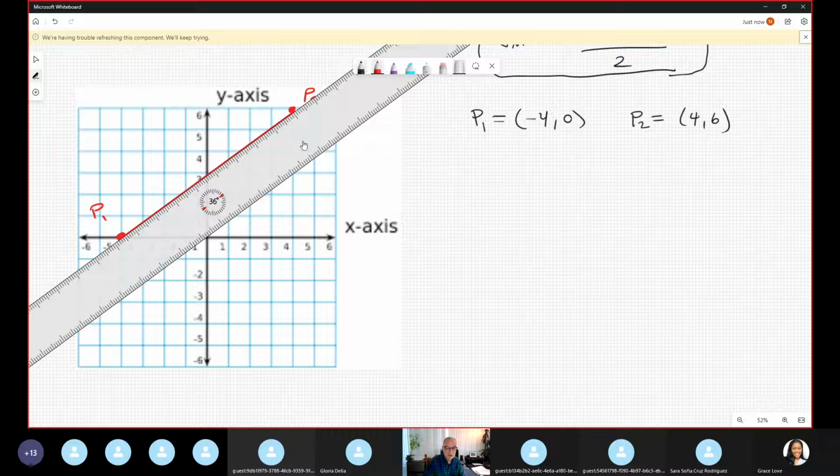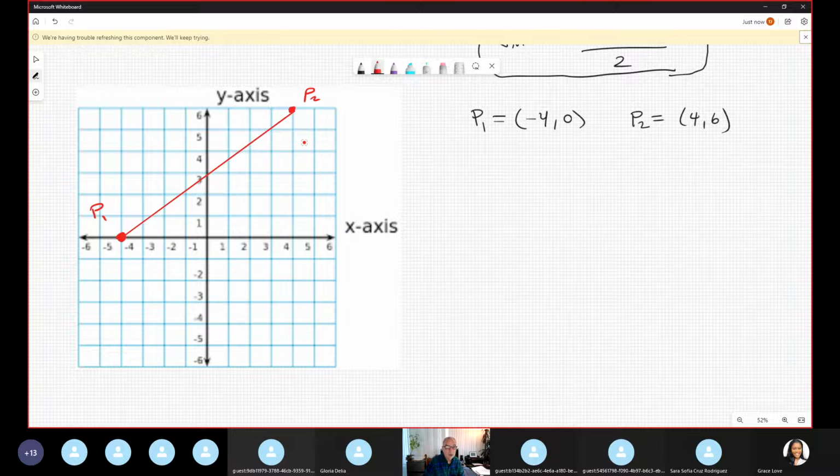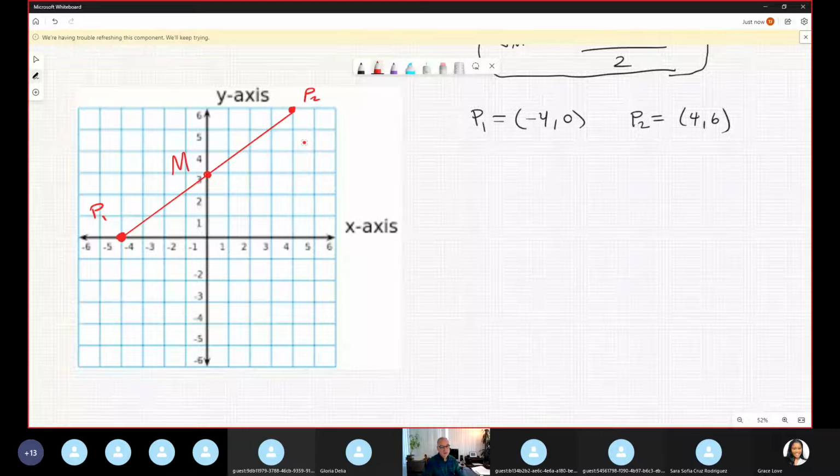I want to find the length of the segment, and also, why not, the midpoint. I predict the midpoint, M, would be (0, 3), no? But I don't know. Let me try mathematically.